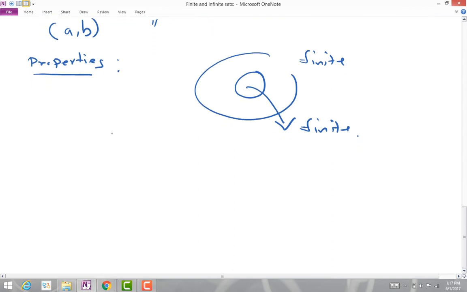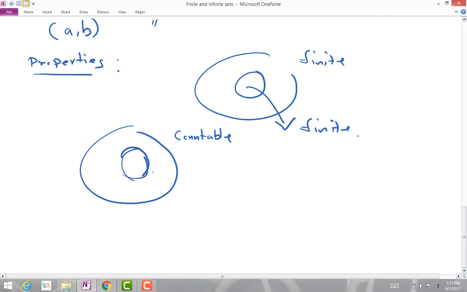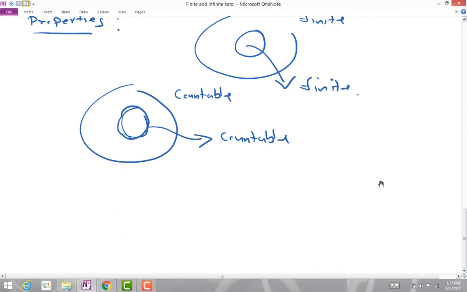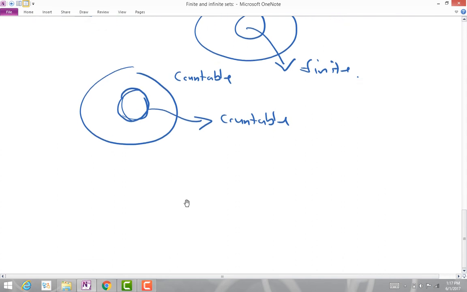And similarly, if I take a countable set, and if I take a subset, the subset is going to be countable. So these are the first two properties.